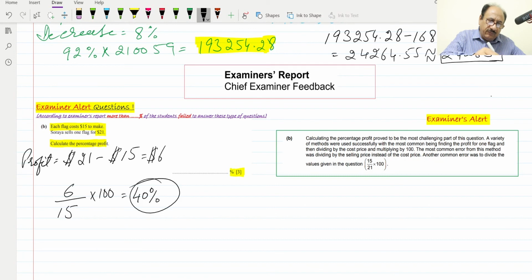But if we go through the examiner's report, that is very interesting.